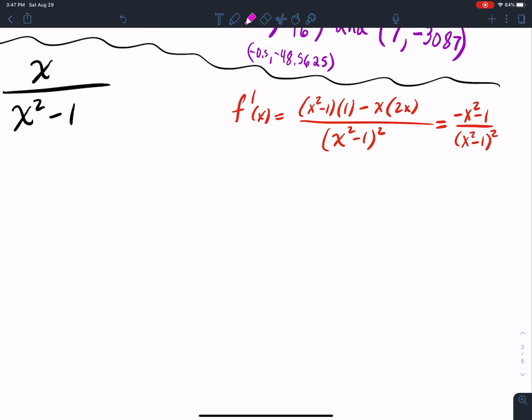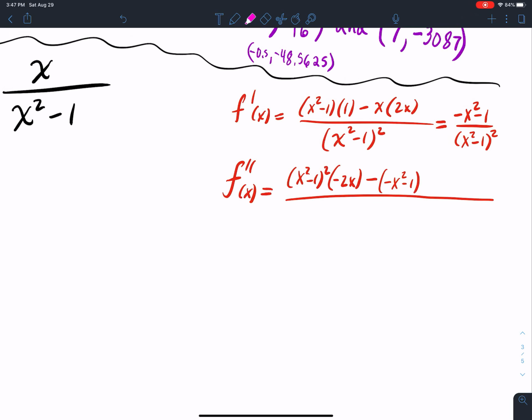Okay, so now I'm going to take the derivative of this bad boy here, and so it's low d high, the derivative of this numerator is negative 2x, minus high, which is this here, d low. The derivative of the denominator has got to be a chain rule since I have something raised to the 2 power.